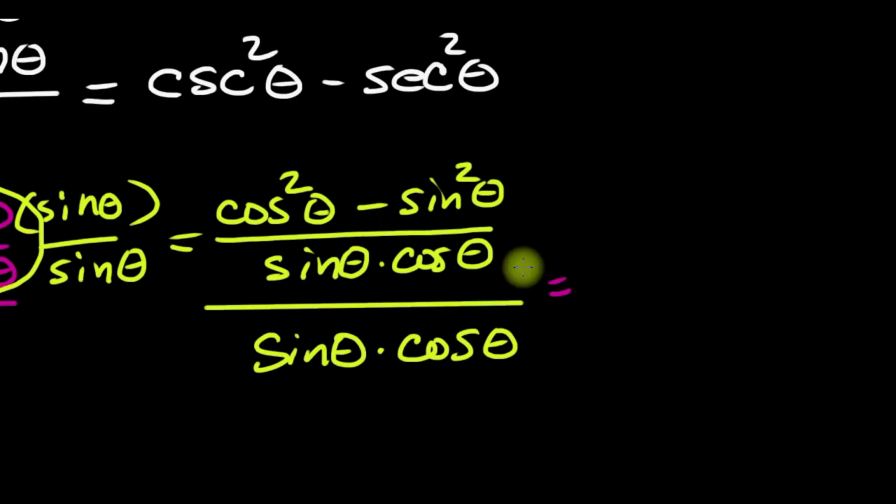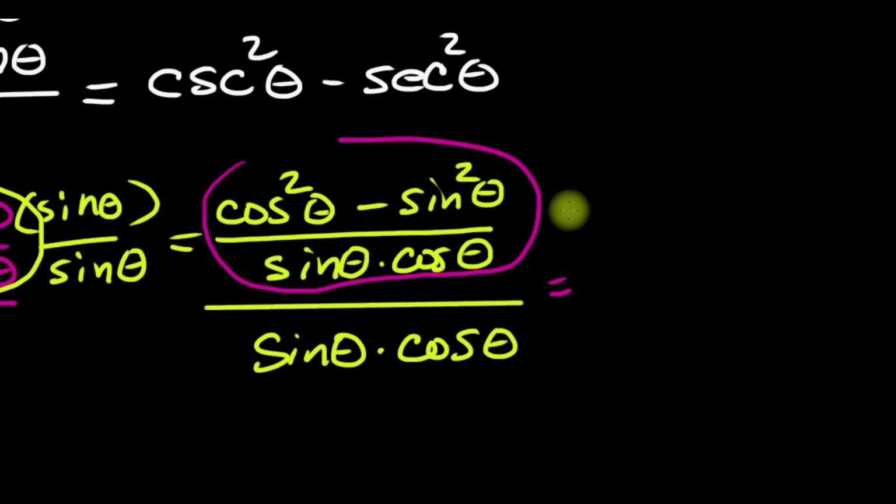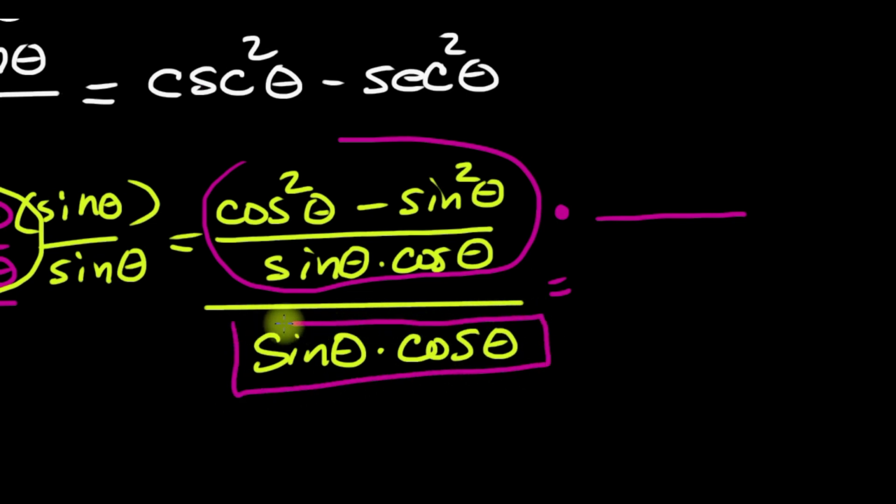Okay, so now we have to do keep, change, flip. So we keep the numerator. So we're going to keep this. Okay, we're going to change it to multiply. And then we're going to multiply by the reciprocal of this, which is going to be 1 over sine cosine.